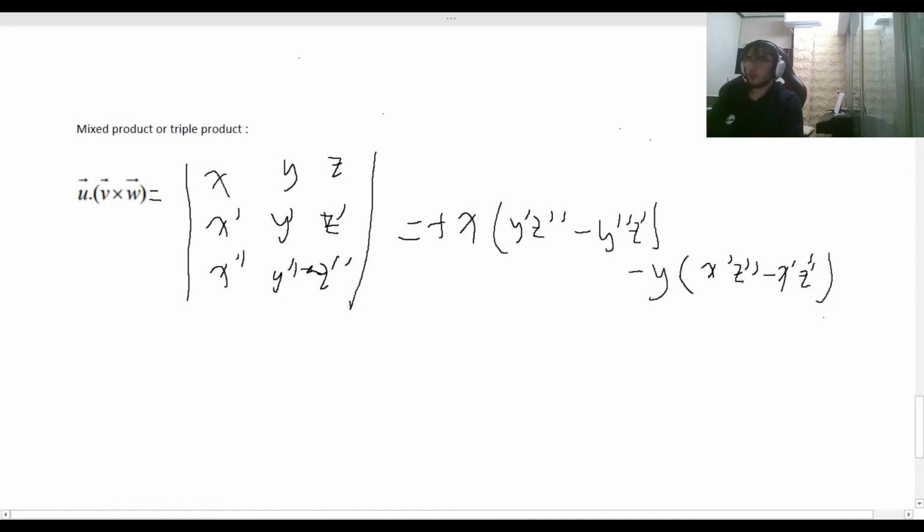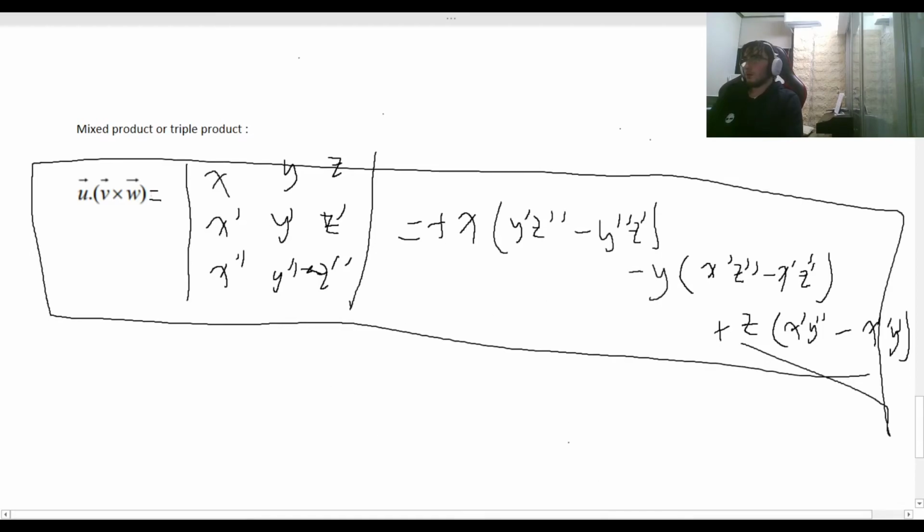Okay, continue it on your own. Oh, okay, I will write it. Plus z into x prime, y double prime, minus x double prime, y prime. And this is the formula.